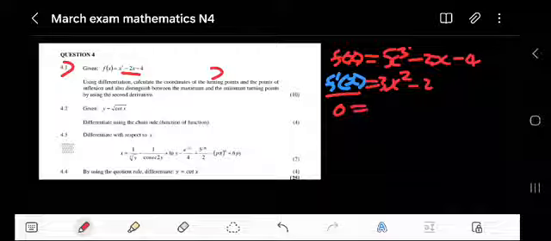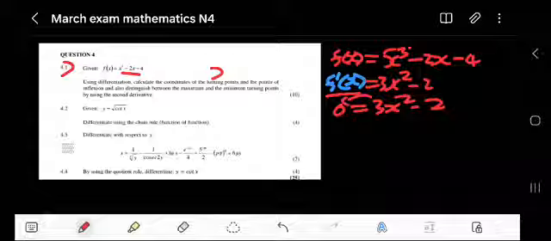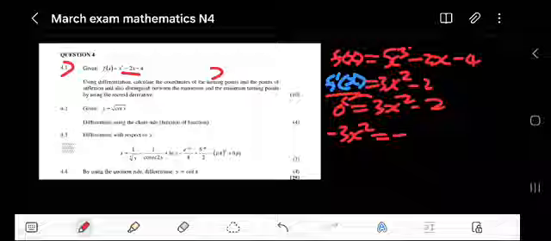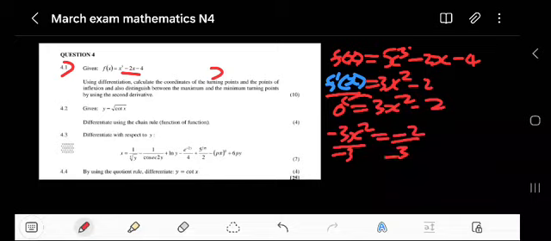We have 3x squared minus 2 equals 0. So I can just take 2 to the other side. I'll have 3x squared equals 2. Then I will divide by 3 both sides, and we'll have x squared equals 2 over 3. Then I'll take the square root both sides.